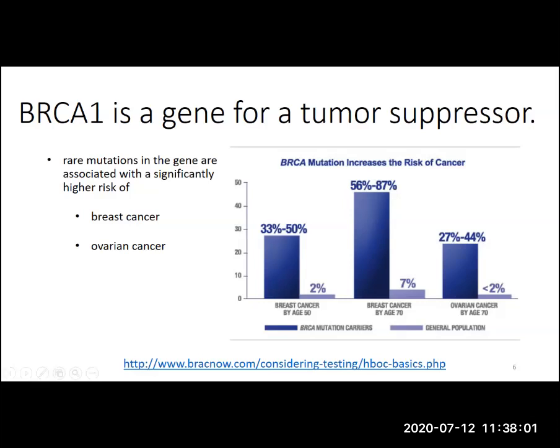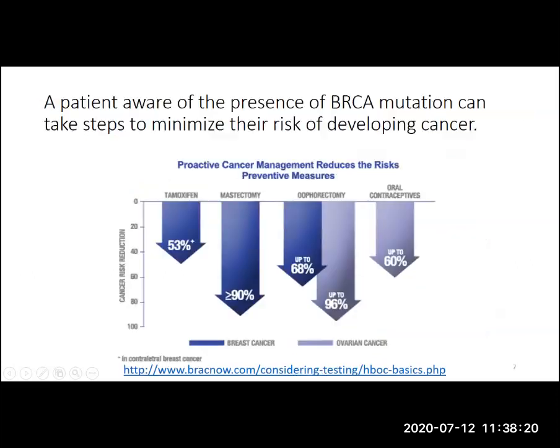This is going to be in both breast cancer and ovarian cancer. Much higher risk in those individuals that have a defect in their normal tumor suppressor, because they don't have that thing that would turn off or kill off tumors. The tumors are going to start to develop in patients with the BRCA1 mutations.